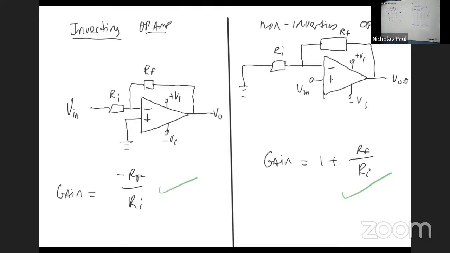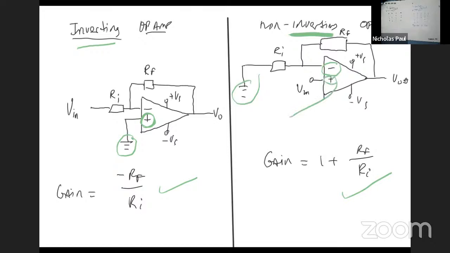It's based on where the earth is connected or where the input is run through. If the non-inverting terminal is connected to earth, it's an inverting op-amp. And if the inverting terminal is connected to earth, it's a non-inverting because the input is run through here.